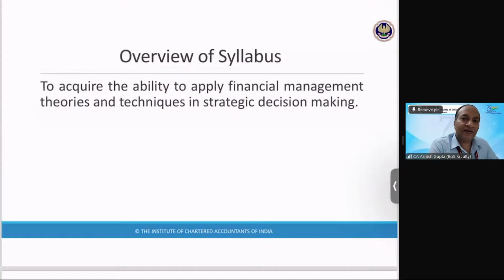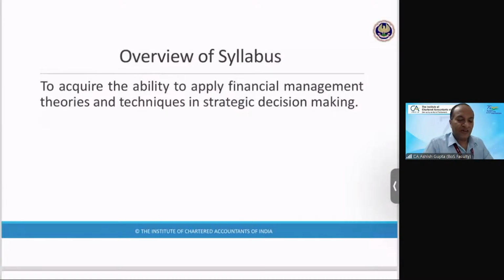Because for the paper setter, normally the first basis we provide is the syllabus. So overall, the paper setter has to set the paper within the overall coverage, or we can say the limits of the syllabus.